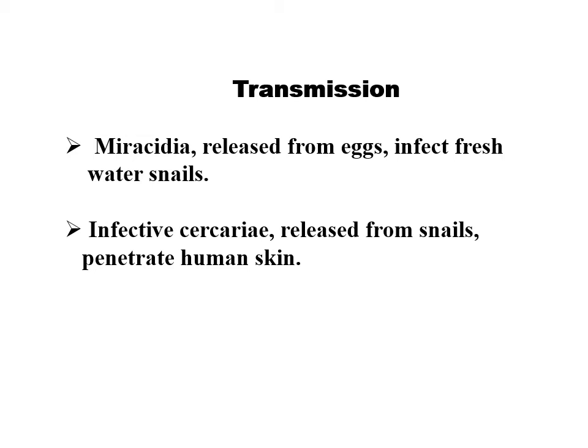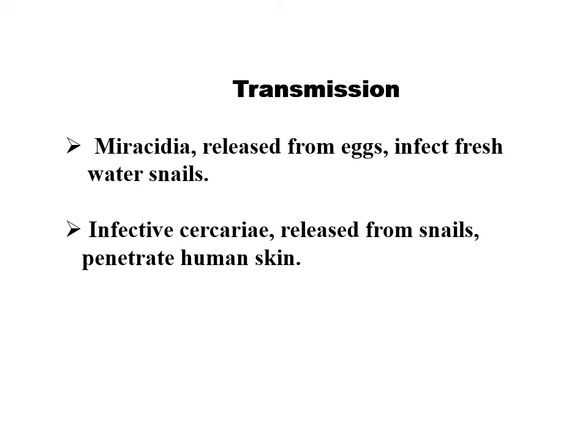If that schistosomulum is not killed at the skin level, then it stands a chance to live for a long period. It may live up to 30 years. So entering the circulation, it will be carried to the liver, and there they stay for a couple of weeks to develop into adult parasites, and the male and female parasites copulate, and then they migrate to the vesical veins or to the mesenteric veins, and they can live for 30 years.